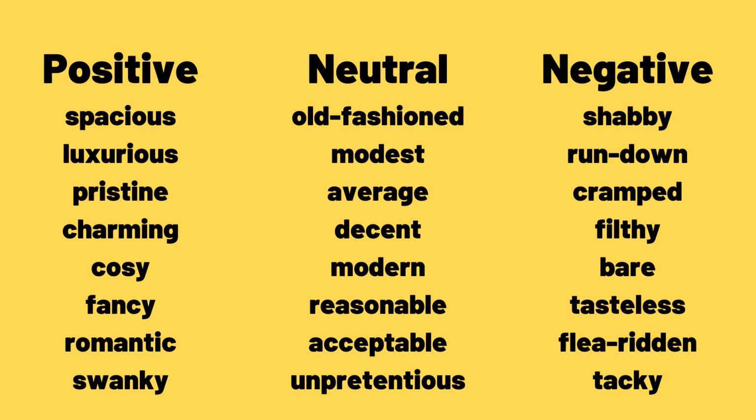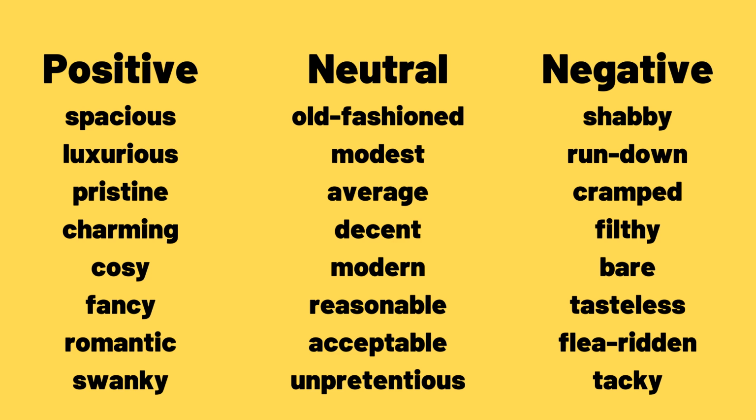So positive, of course, means if you were happy with a place and you want to speak highly of it. So we might describe a hotel room as spacious, luxurious, pristine. This means very, very clean. Charming, cozy, fancy, romantic, or swanky.